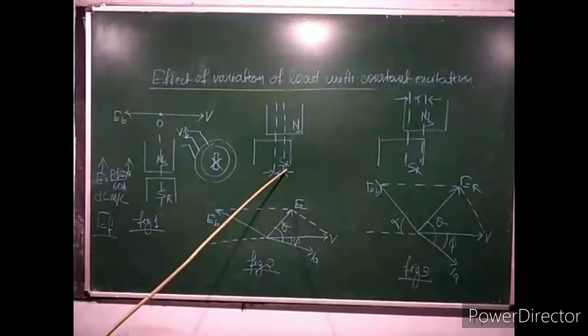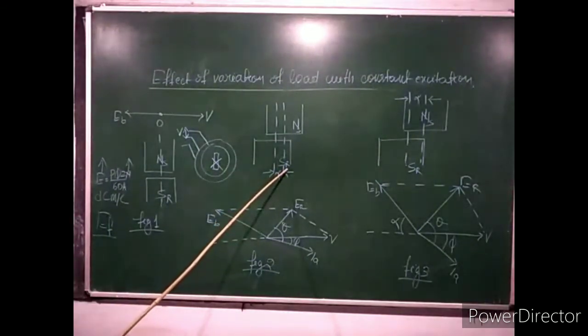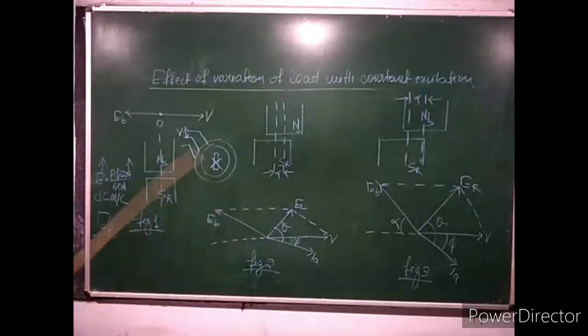Now at this instant, the back EMF lags behind. In normal condition, when the field is not excited, the back EMF and the applied voltage are in the same phase. But when the field is excited, the back EMF lags behind the applied voltage.